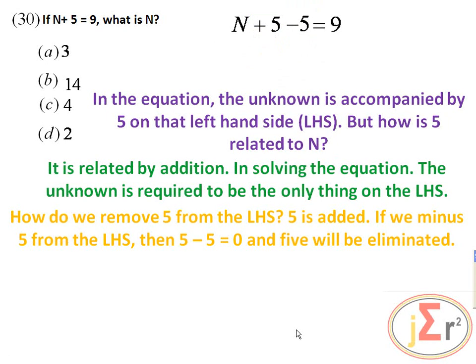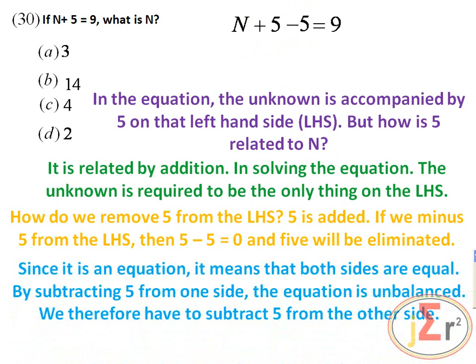So let us go ahead and subtract 5. If we subtract 5, then the 5 will be eliminated from that left hand side. Since it is an equation, it means that both sides are equal. By subtracting 5 from one side, the equation is unbalanced. We therefore have to subtract 5 from the other side also.